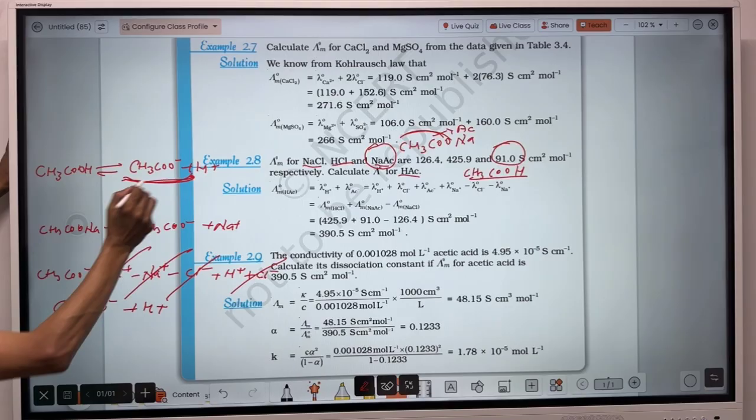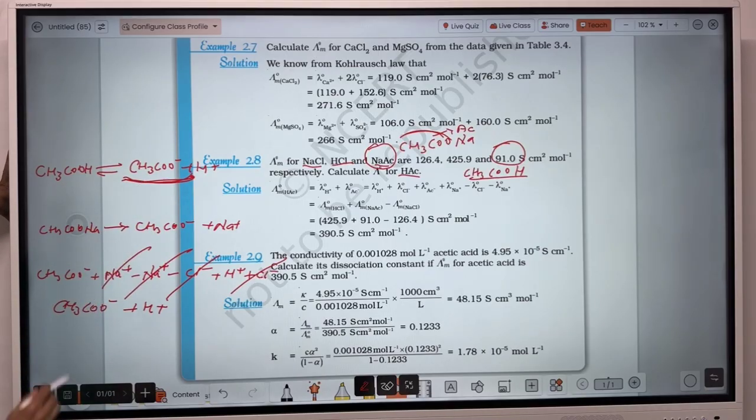That means your desired equation you get by taking sodium acetate, minus NaCl, plus HCl.